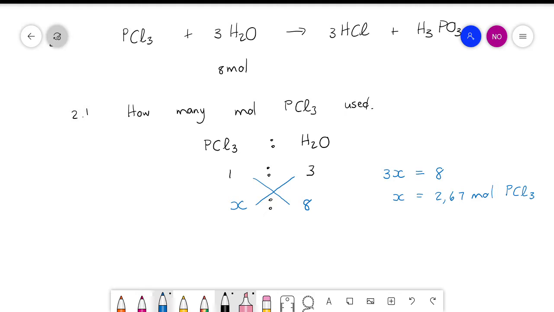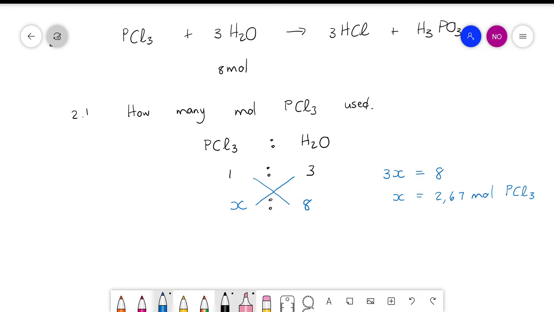So hoeveel fosforkloried het dan gereageer? 2,67 mol. Because for every 1 mole of phosphor chloride that reacts, you need 3 moles of water. Nee? Maar ons het nie net 3 mol water nie, ons het 8. So om hulle almal op te gebruik, gaan ek 2,67 mol fosforkloried nodig hê. You all understand what we did here?